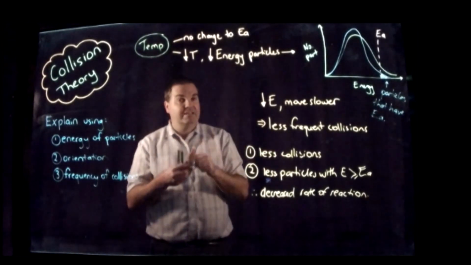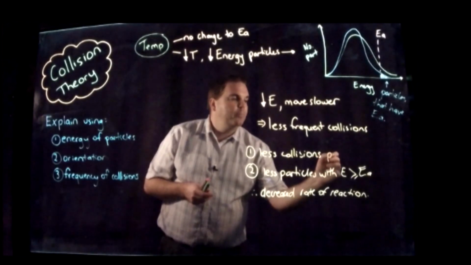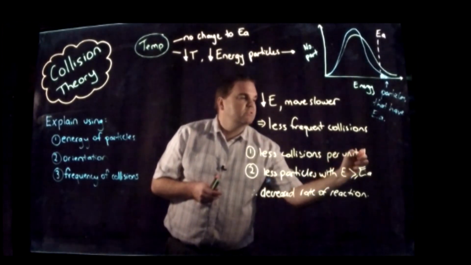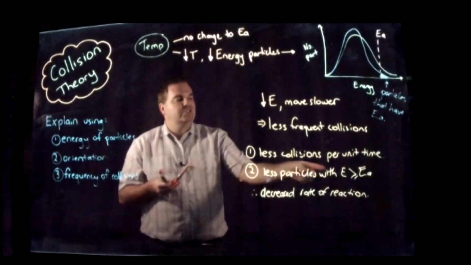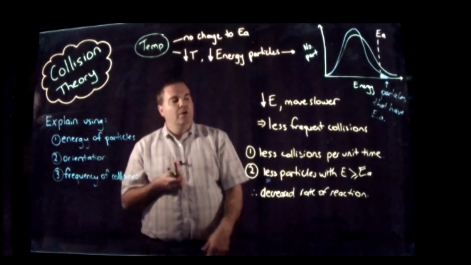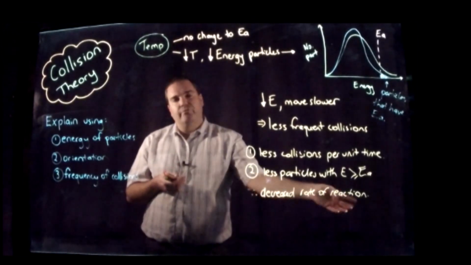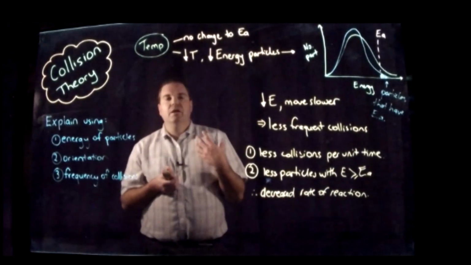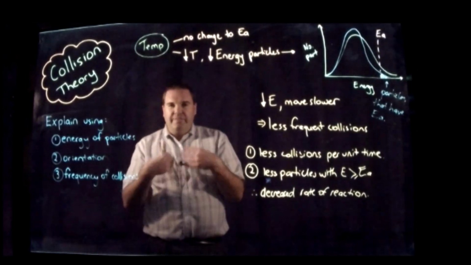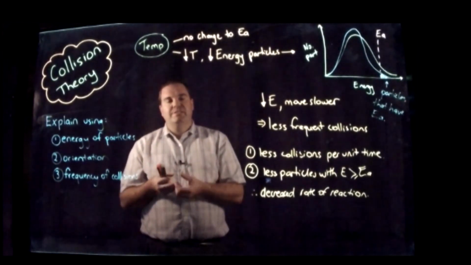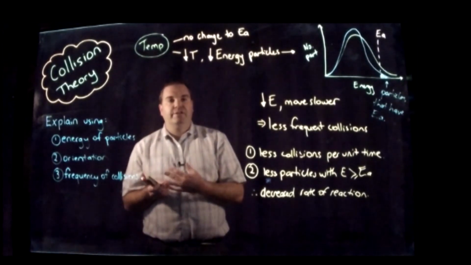Now I should put in that special term that I've told you to use before, per unit time. And there are less particles with energy greater than or equal to the activation energy. So overall, we have a decreased rate of reaction due to a decreased frequency of successful collisions per unit time. So that's an explanation of why a decrease in temperature affects our rate of reaction.